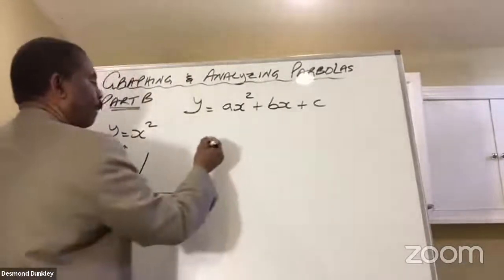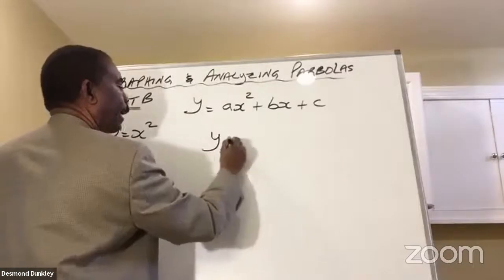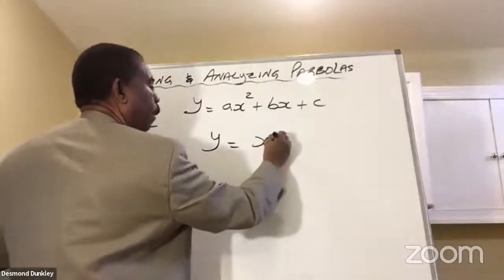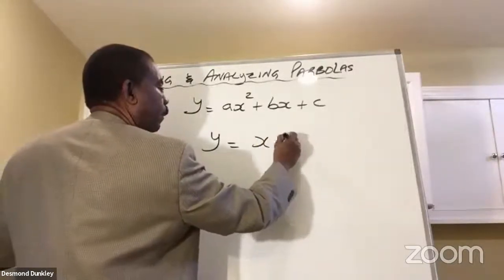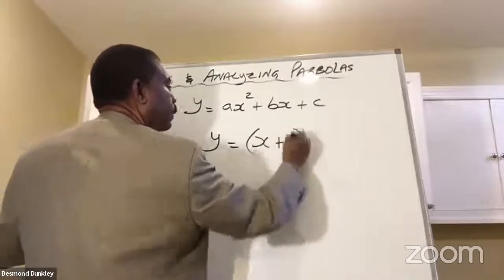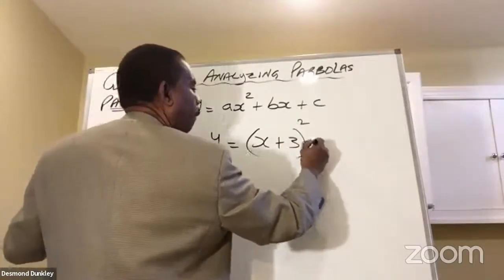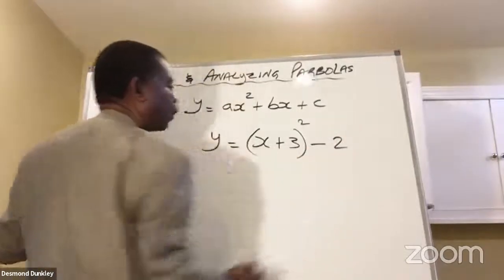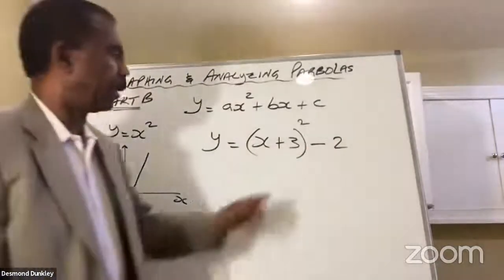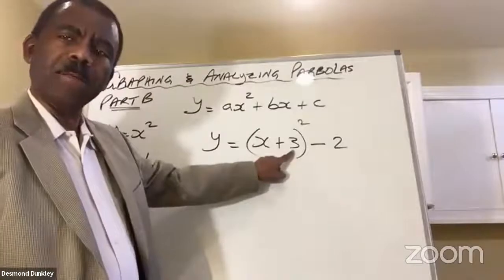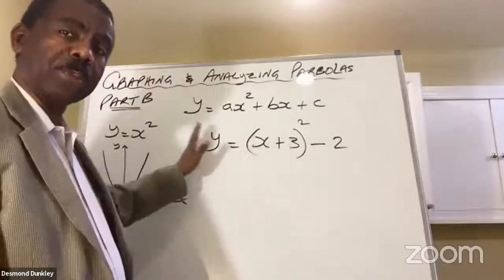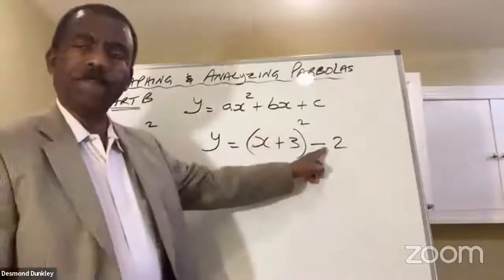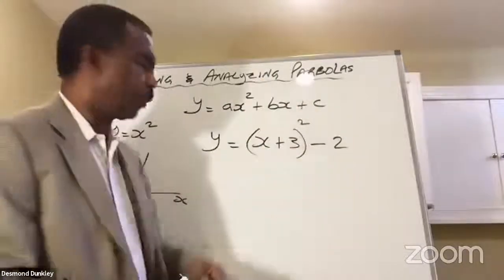Okay, so it goes to say then that if you had a graph that looks like this, y equal to (x plus 3) squared minus 2, then the positive 3 here means that you shift 3 units to the left. The negative 2 means that you go down 2 units.